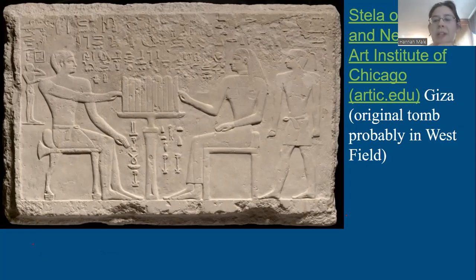So the mastabas of the Old Kingdom, and then to some extent tombs all the way through the New Kingdom, had both the tomb, the actual burial place, and then a tomb chapel, or some kind of building where the living could come and give offerings of food and drink to the deceased.